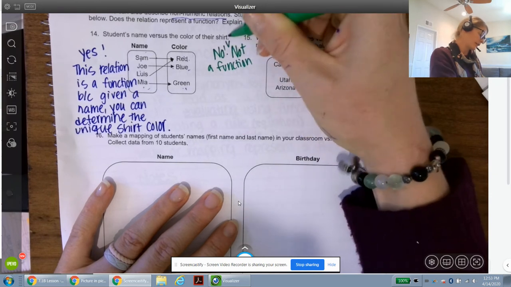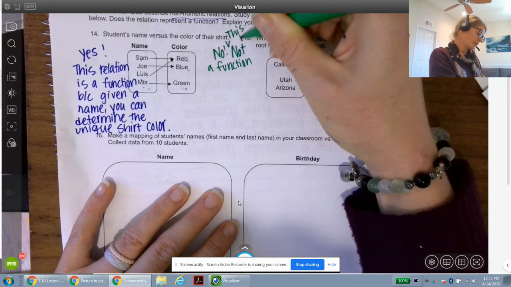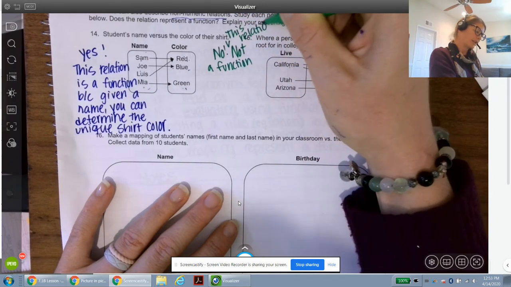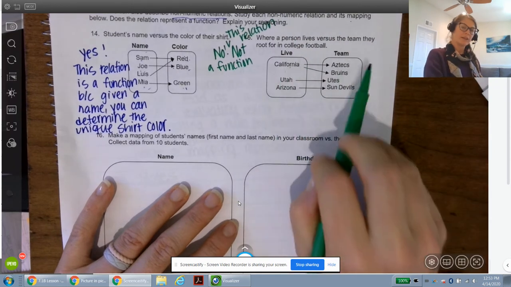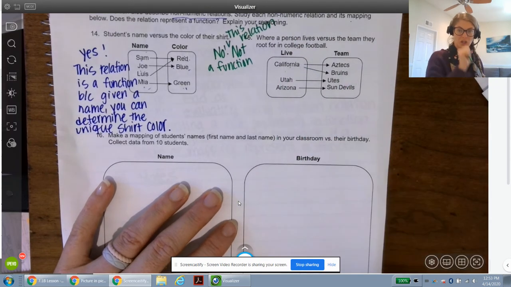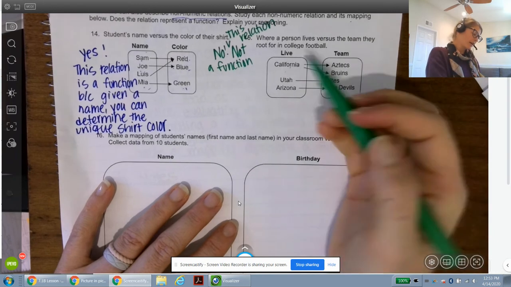Oops, I guess I should put this relation. This relation is a relationship between where you live and the college football team you're going to cheer for. Go Aztecs.